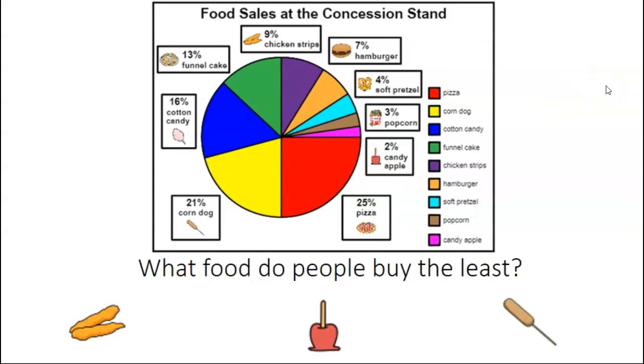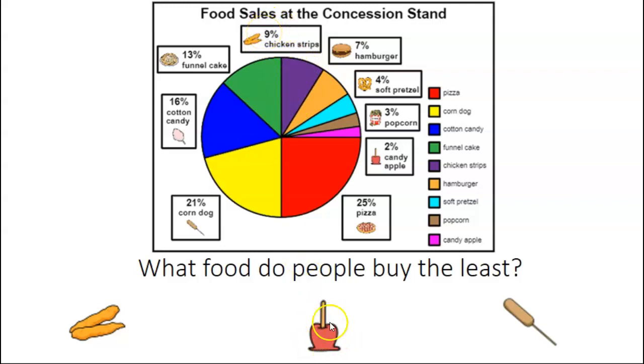Okay, our last question. What food do people buy the least? So remember, least means smallest. So we can look for our smallest number or our smallest slice of pie. Would that be chicken strips, which is right here, this purple slice, 9%?